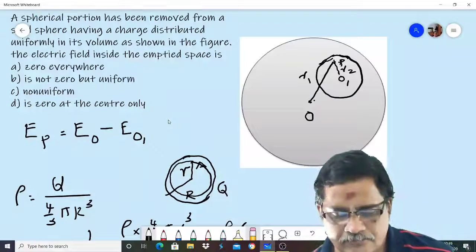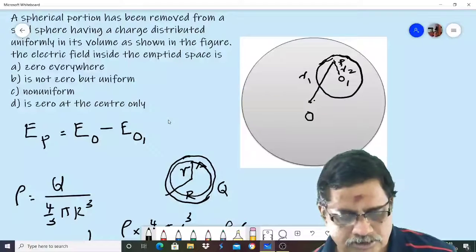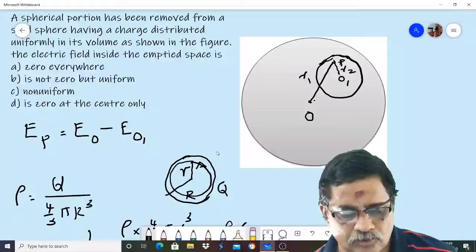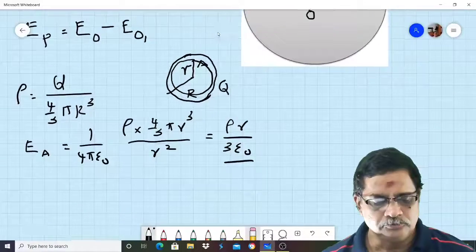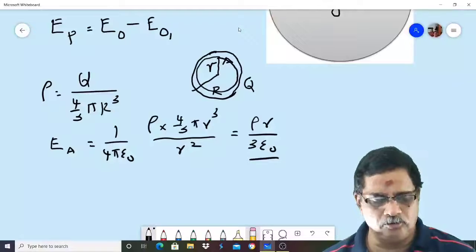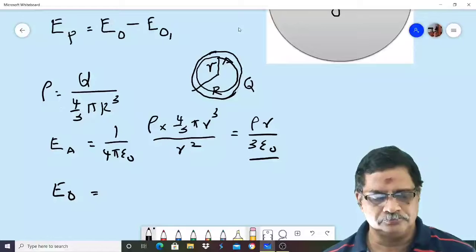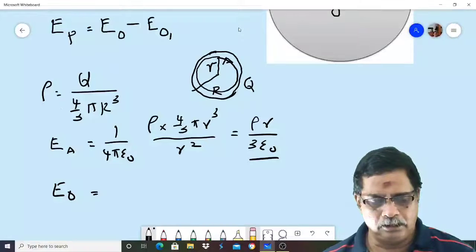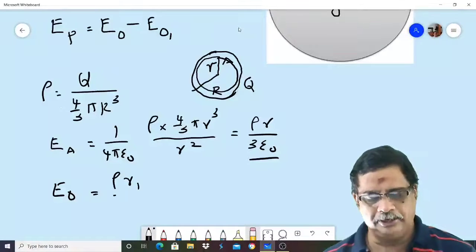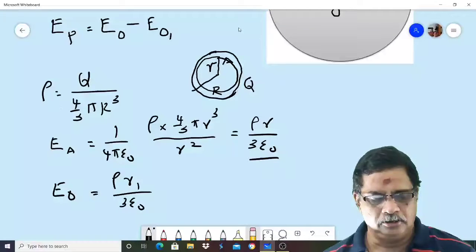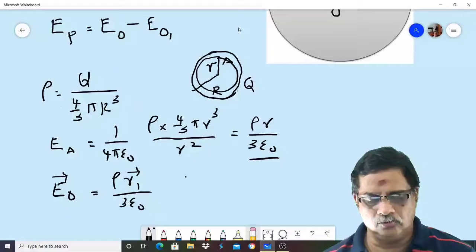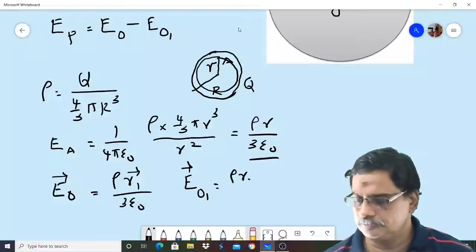Now let us write the electric field at P due to each sphere. EO at P, the electric field at P due to the original sphere, is rho r1 divided by 3 epsilon 0, and the electric field at P due to the removed portion will be rho r2 divided by 3 epsilon 0.